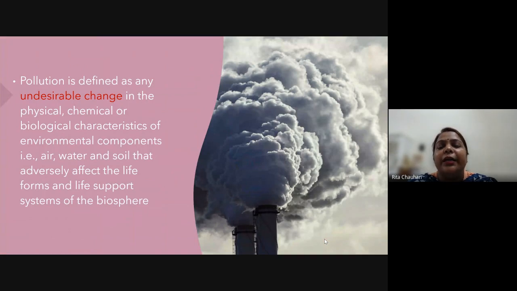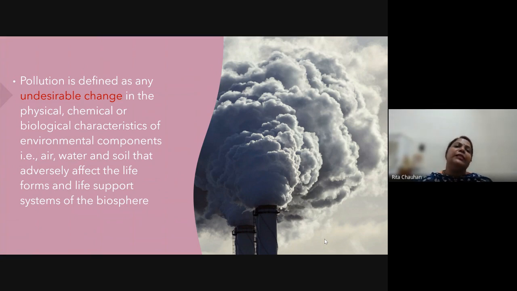Okay. So basically, pollution is any undesirable change. For example, what is the actual composition of air? When there is pollution, additional chemicals are there, so it is called pollution. If there is more smoke, more chemicals, then it is pollution.